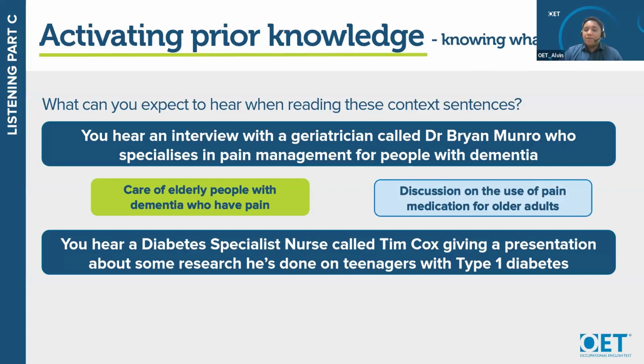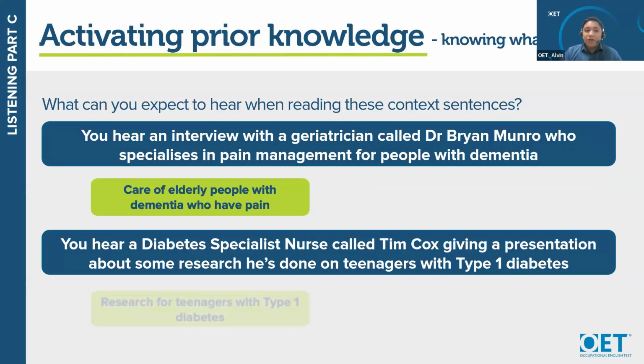The context sentence mentioned that the geriatrician specializes in pain management for people with dementia. So the discussion could cover various aspects of pain management, including non-medication strategies. It could also be psychological support or holistic care, not only pain medication.